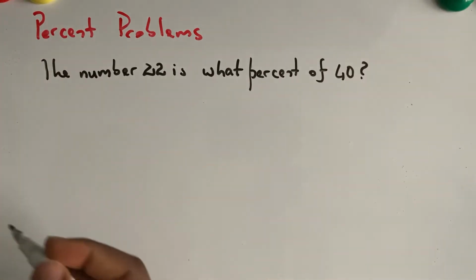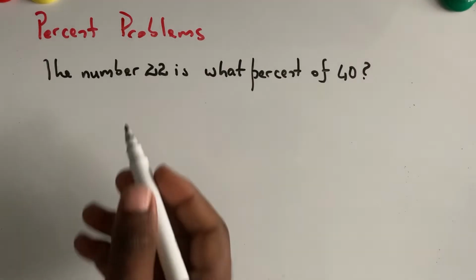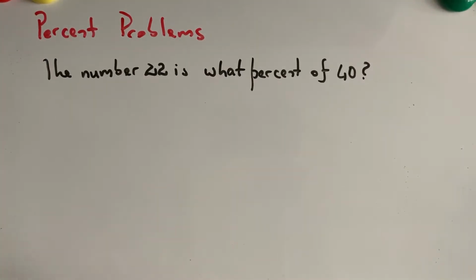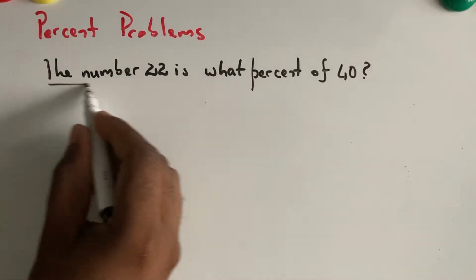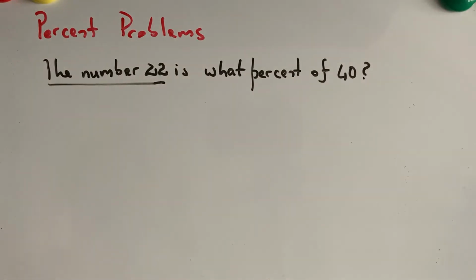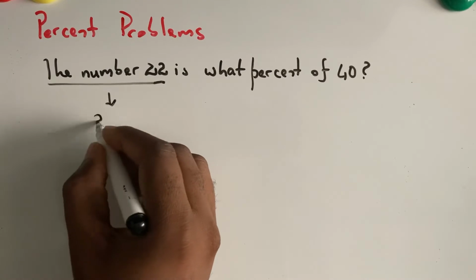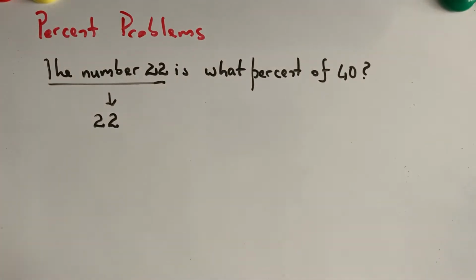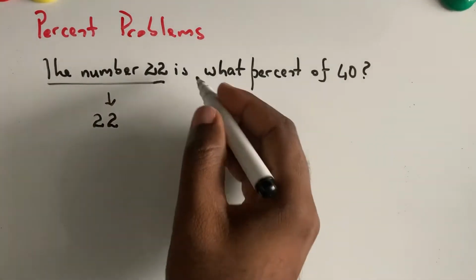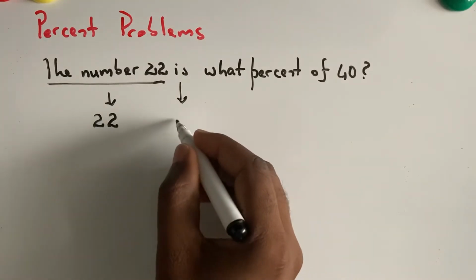One way you can solve this, which is very easy, is by translating. The number 22, you can just represent by 22, because that's the number 22. Is, you use an equal sign here.